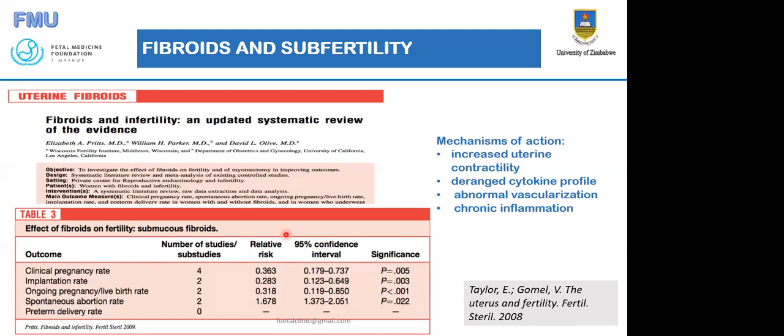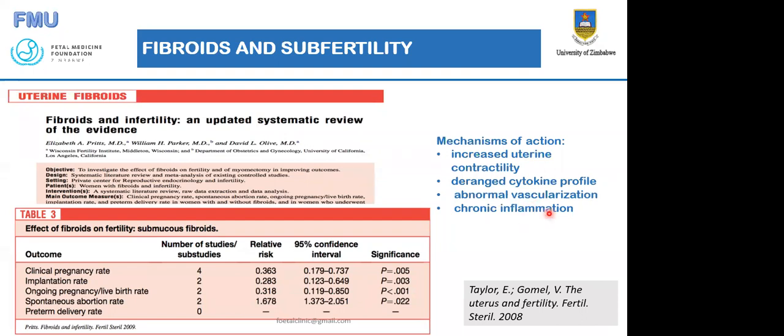The deranged cytokine profiles will also interfere with fertility, and abnormal vascularization. I think we've just stressed this point when we were doing fibroid vascularization, that since the fibroid is vascularized peripherally, it's going to interfere with the blood that supplies the endometrial-myometrial junction area, which is very important for fertilization, because that's the area where the egg is embedded, right?